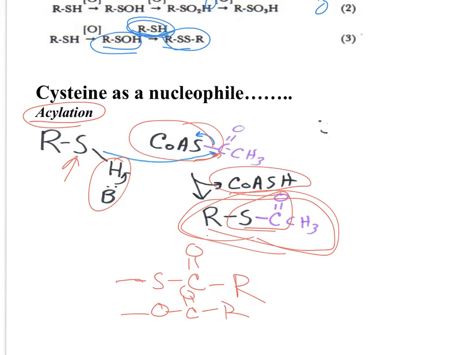And when it happens to be a 2-carbon unit, we call it acetylation, because you have an acetyl group transferred. And this can happen in a cell. It can help regulate protein activity. Like when the protein's acetylated, it's turned off or on.